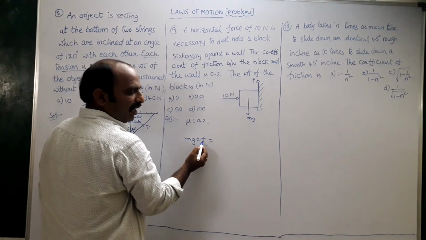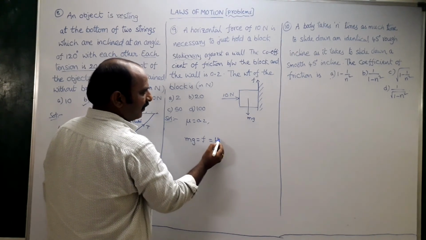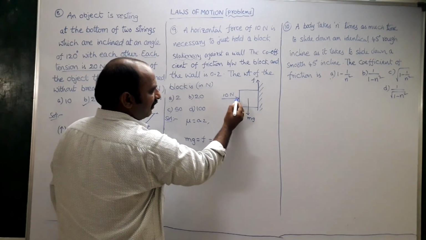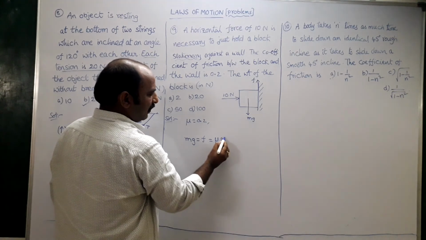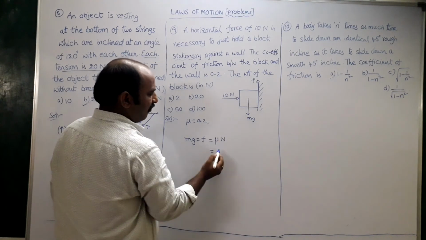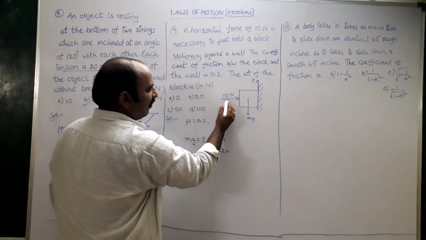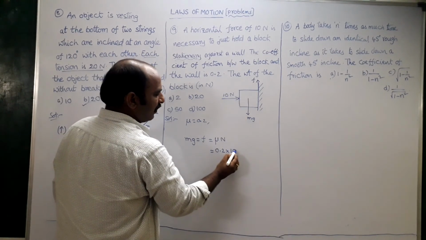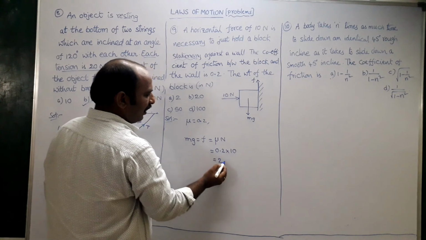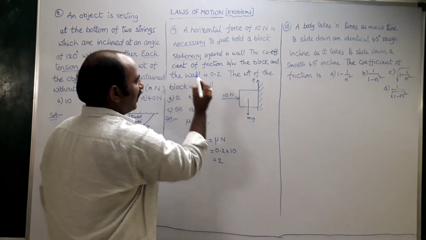Now friction formula you know mu into n. That is here normal reaction force. This is n. Okay, mu is given 0.2 into n value normal force is given n. So totally we get weight of the body is 2 Newton. So option A is correct.